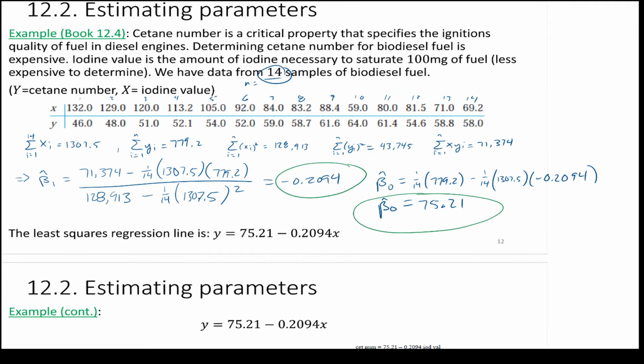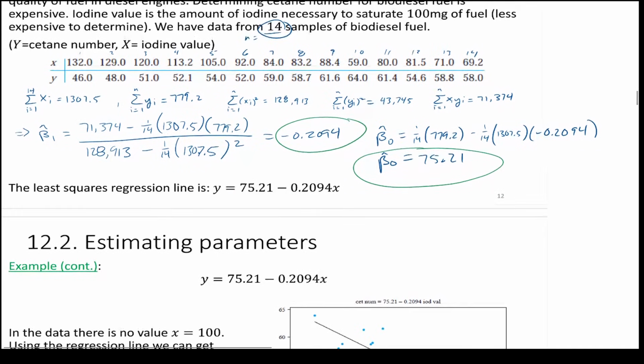Let's just say 75.21. So that is our least squares regression line. Our slope is negative 0.2094, our intercept 75.21. So we have a negative relationship because the slope is negative, meaning there's a downward trend. As x gets bigger, y is going to get smaller.